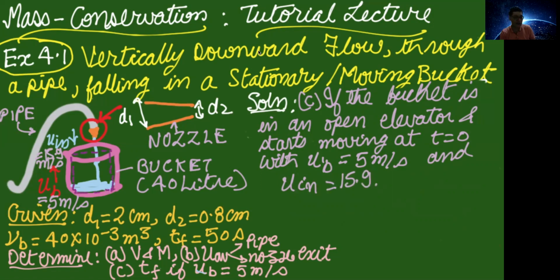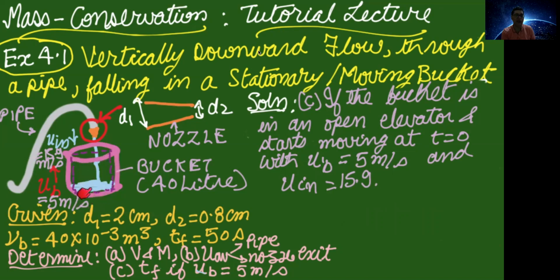At the inlet, the fluid coming out from the nozzle is 15.9 meter per second. The bucket velocity is 5 meter per second. As I said, now the relative velocity with which the water is entering the control volume. Note that this is the control volume which we are considering.